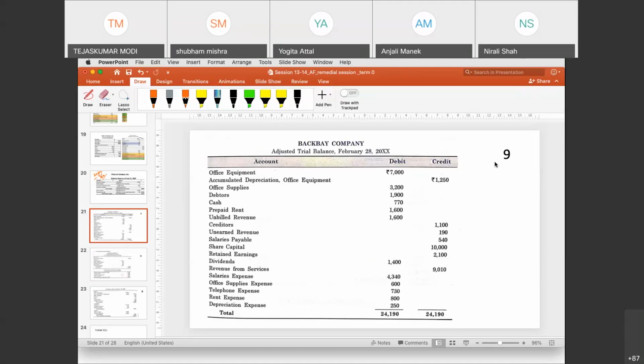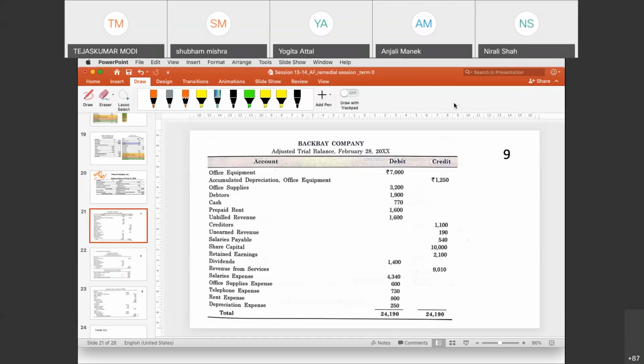Okay, shall we look at the income statement, or do you want 1 or 2 minutes? Please participate. So 1 minute more. Sure. Where is Rachel? Rachel is not participating. Rachel is there.